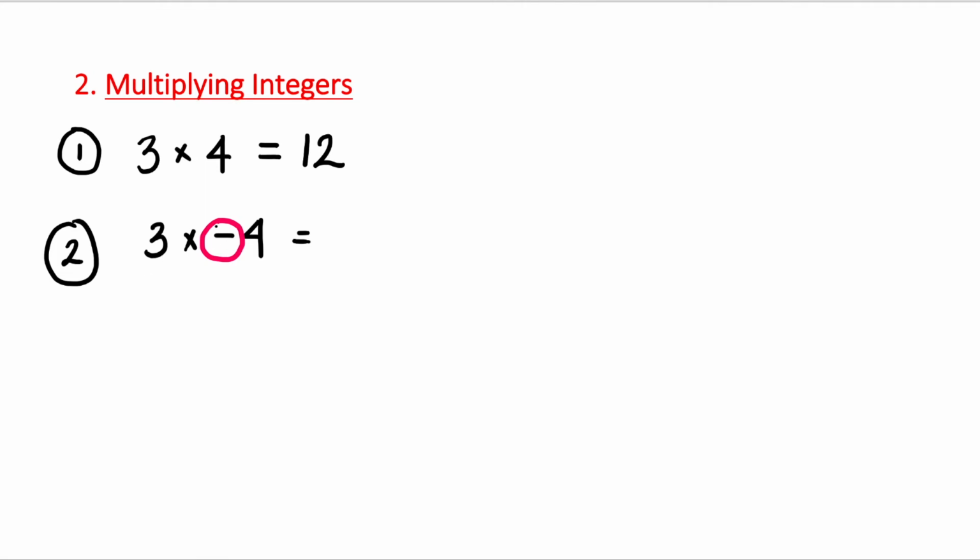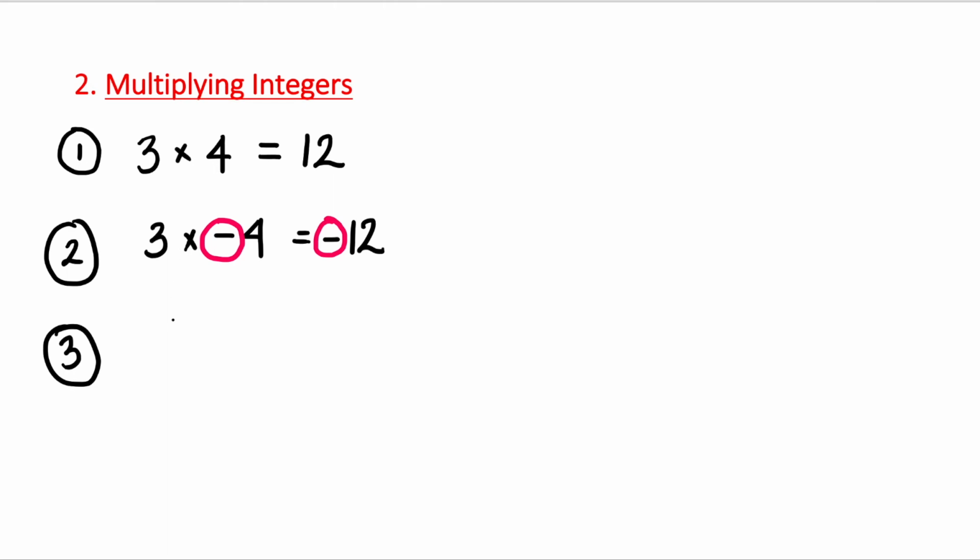But the question is, is it in the positive side or in the negative side? So because I start in the positive and then I have a negative, it's going to throw me to the negative side. So that's going to be equal to negative 12. Okay? I have one negative, and that means that my answer is going to be negative. Okay, let's look at another example.